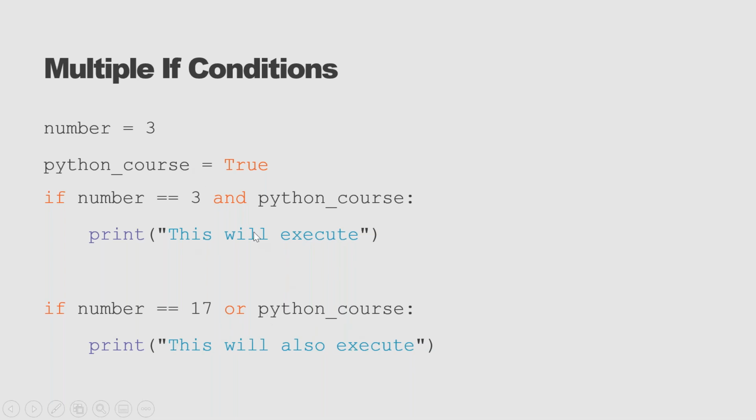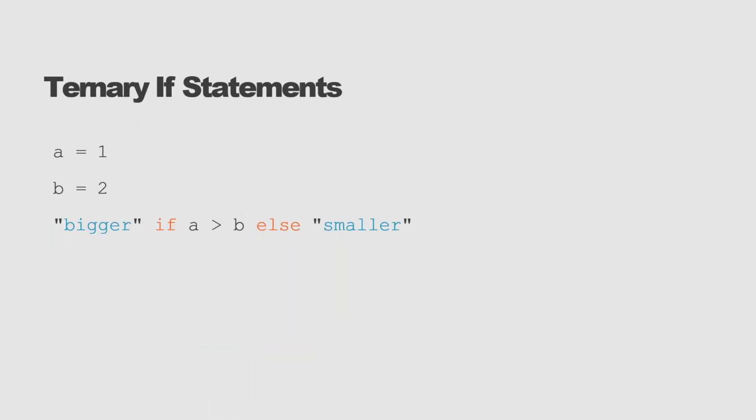This is also where you can use multiple if conditions with the truthy table. Ternary is something you can also do for a quick declaration. So write a bigger, if a is greater than, else smaller. Something like that you can do.